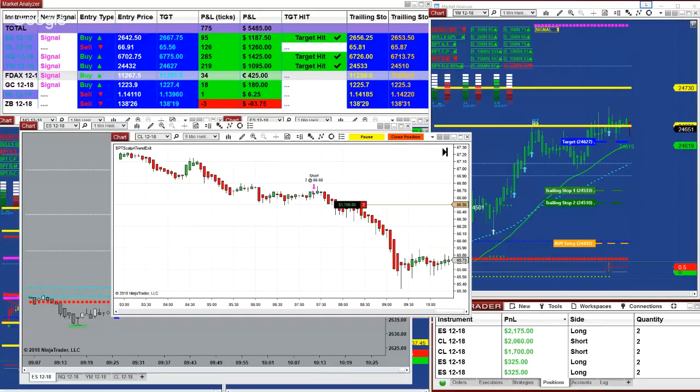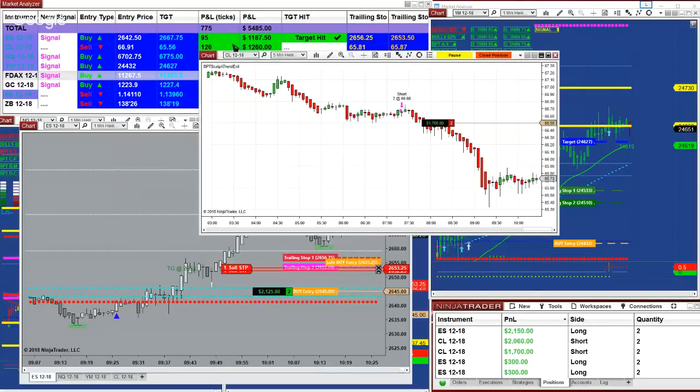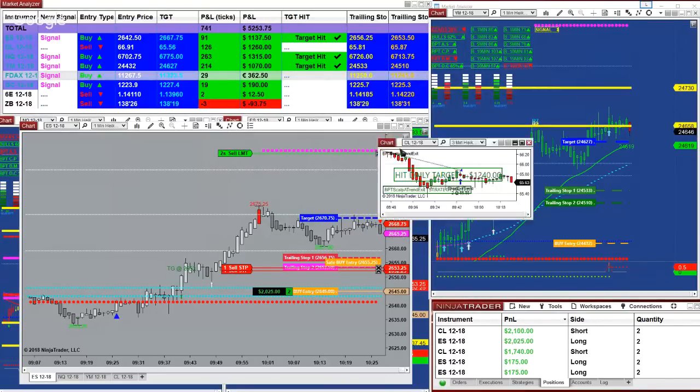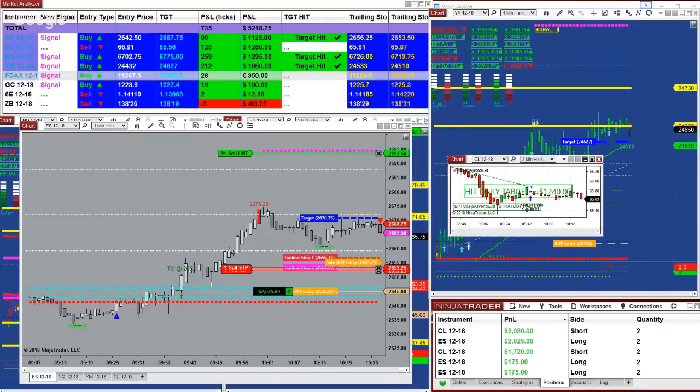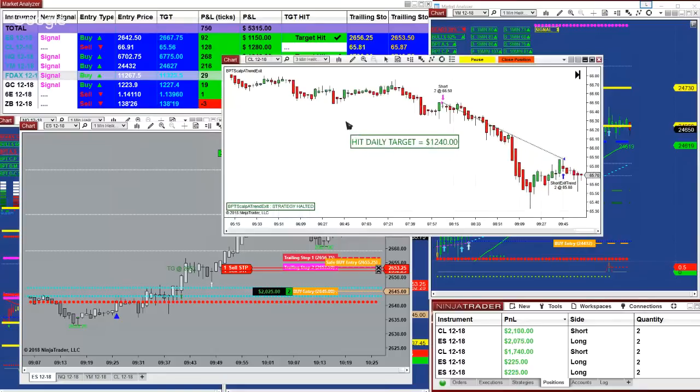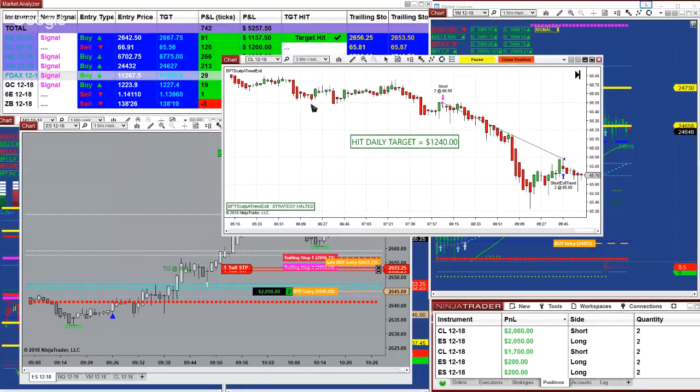The 3 minutes already hit the target. Most of them hit the target for today. I will share that with you. The 3 minutes filtered, this one is unfiltered, also took the same at 7:57.